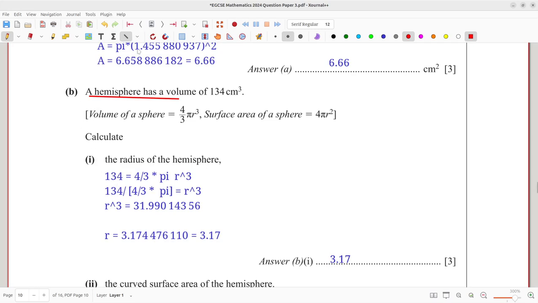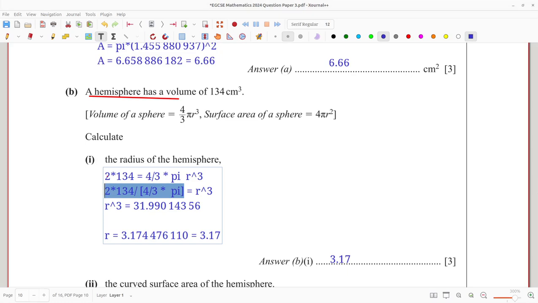It's either just put 2 here, and then this thing giving me 3.99, which is approximately 4.00.